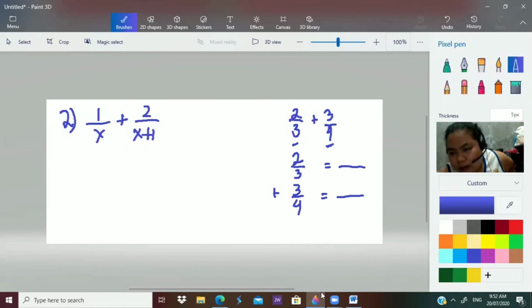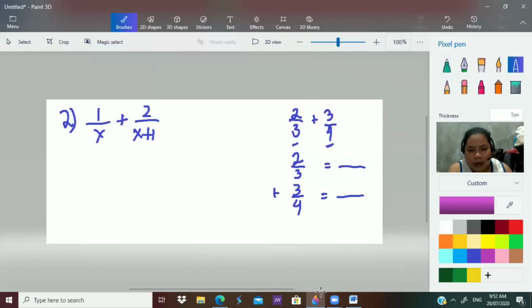Pero, katulad nga nun, nakakalimutan ng bata yung LCM, so maglilista sila. So instead po na maglista, ang technique po na ginagawa dito is i-multiply nyo lang siya dun sa denominator ng kabila.